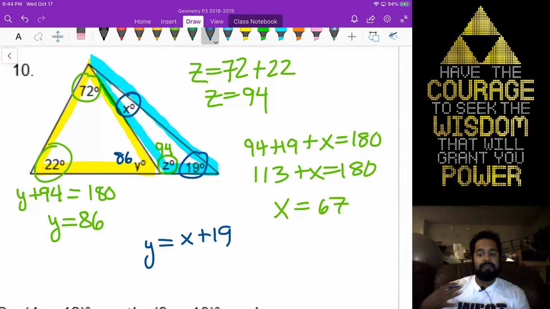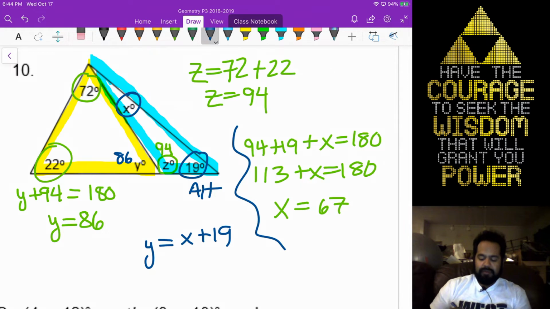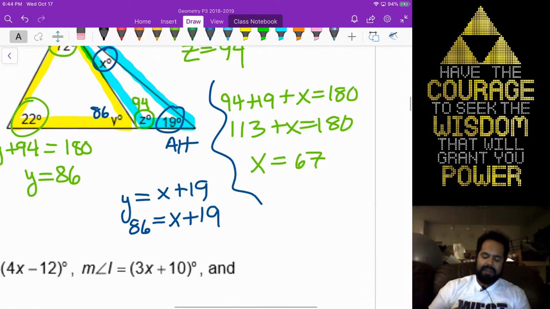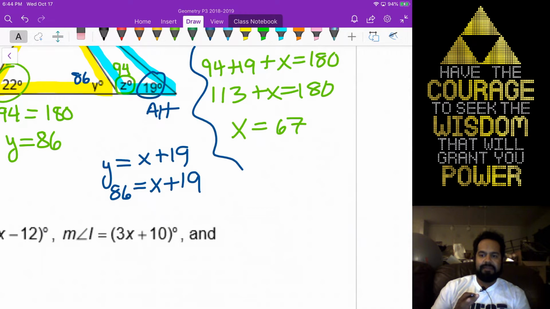Now this is again me pretending that I did not just do this. Okay, this is our alternate method. So I know what y is. 86 equals x plus 19. So if I go ahead and subtract 19 from that, I am indeed going to get 67.